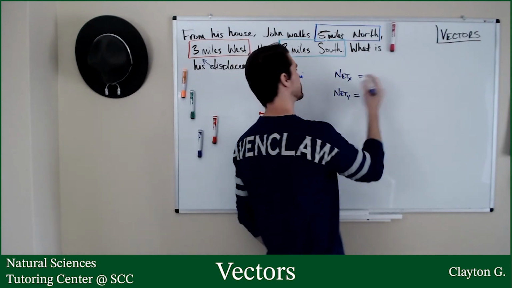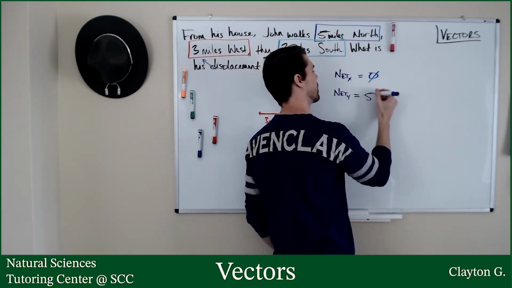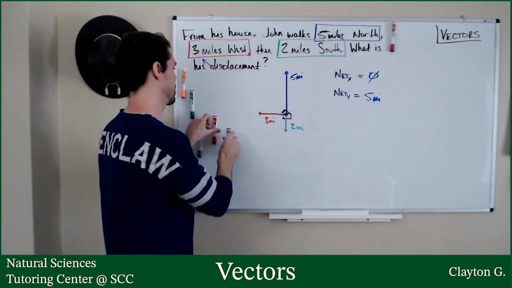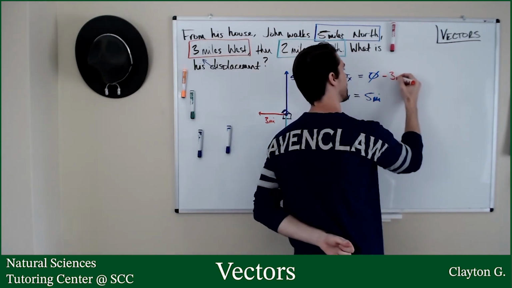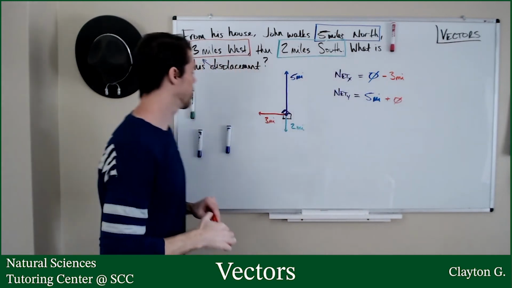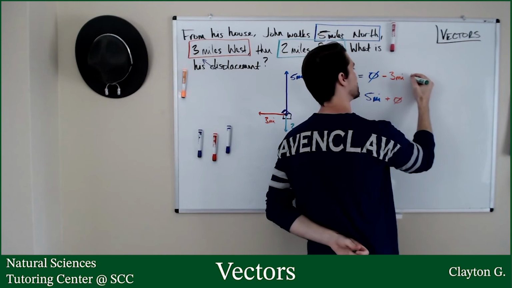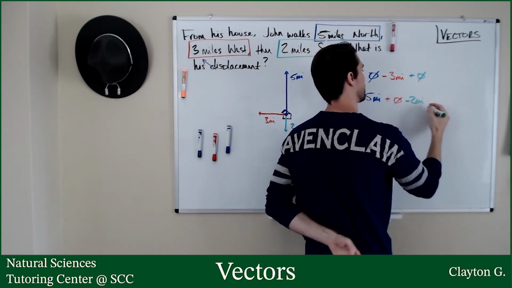So in the x direction, the blue vector here is 0, 5 miles in the y direction. Once again, the red one is going to be minus 3 miles. Left is negative for me. 0 in the y direction, and our green one is plus 0 in the x direction, minus 2 miles in the y direction.